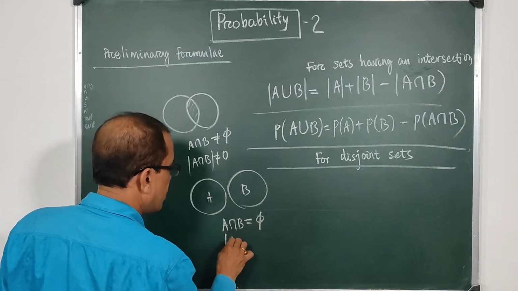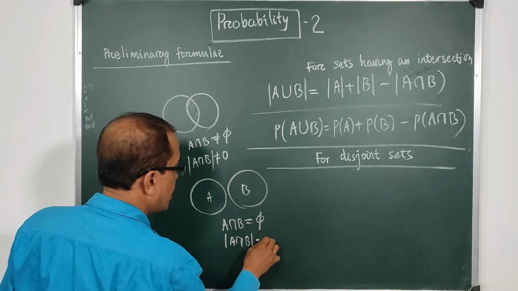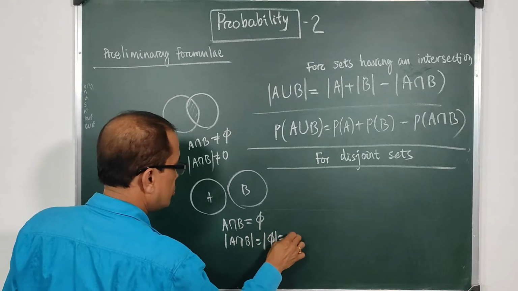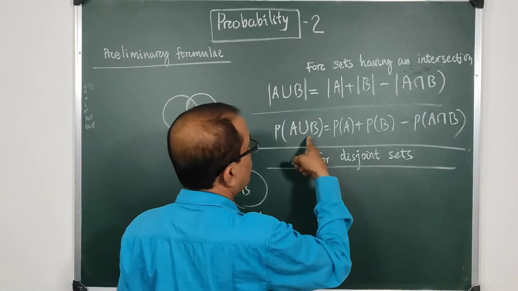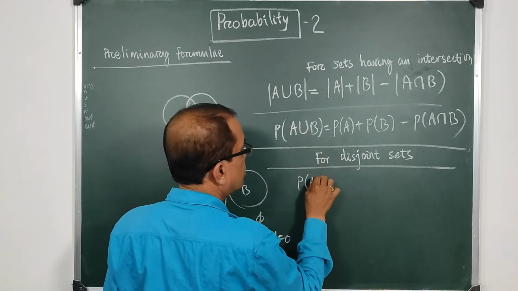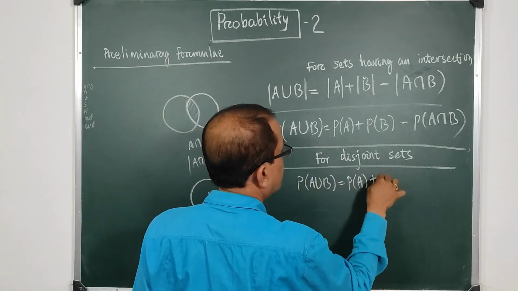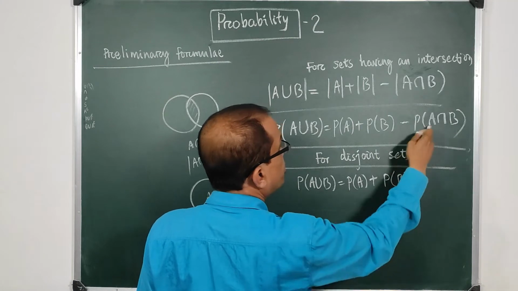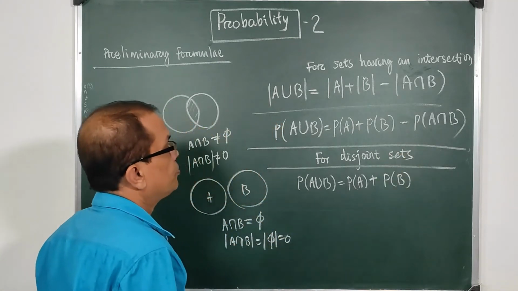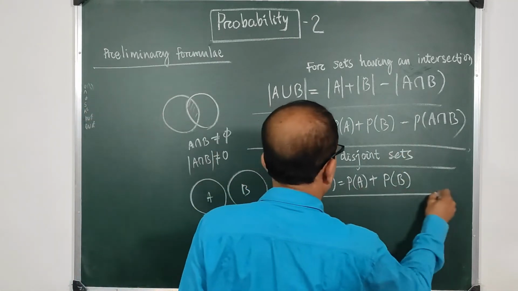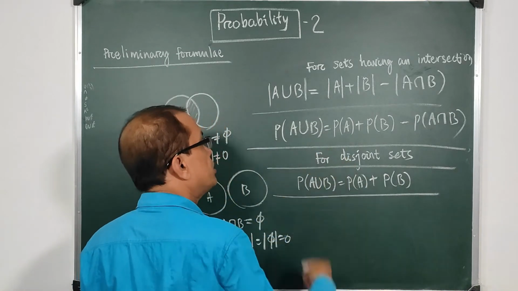So cardinality of A intersection B must be cardinality of phi, which is 0. So what will this formula become? P of A union B is equal to P of A plus P of B minus 0. So we don't write it. So this is for the disjoint set type.